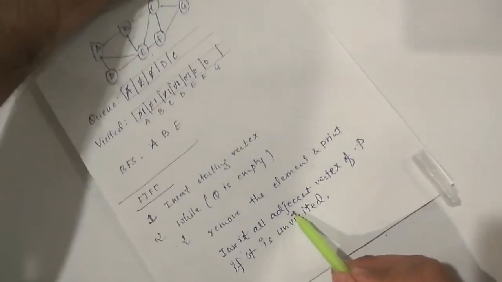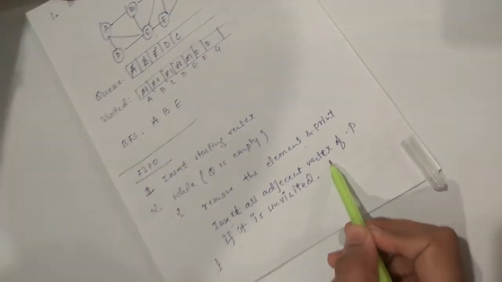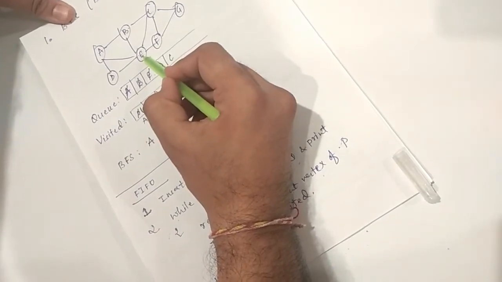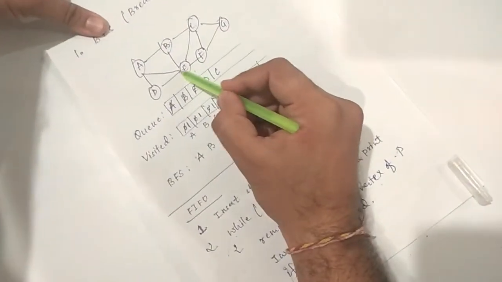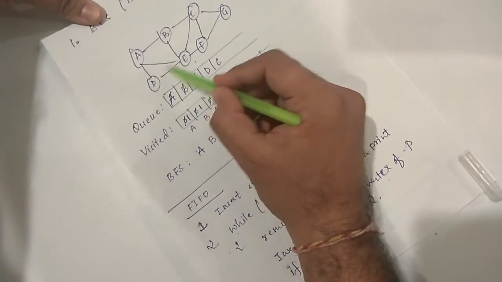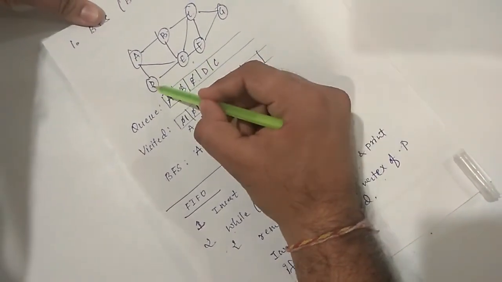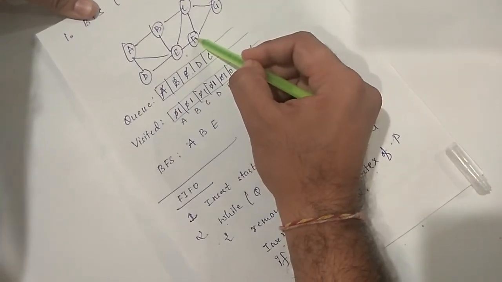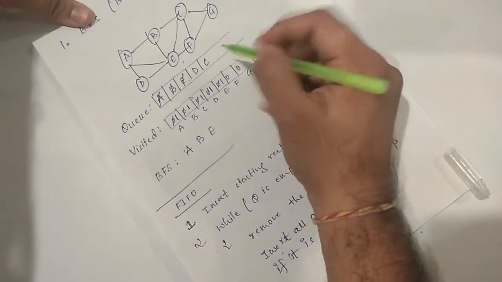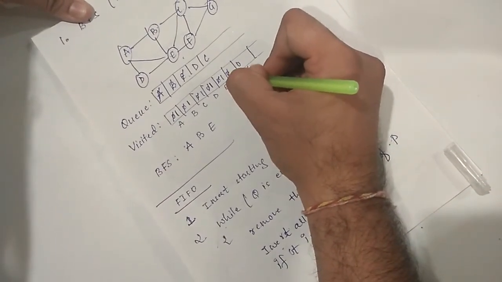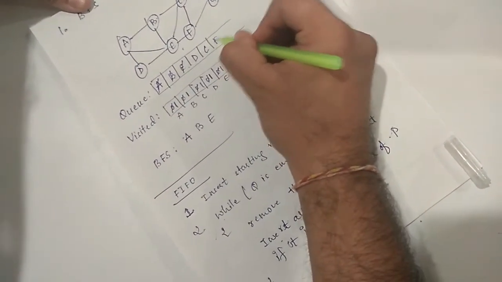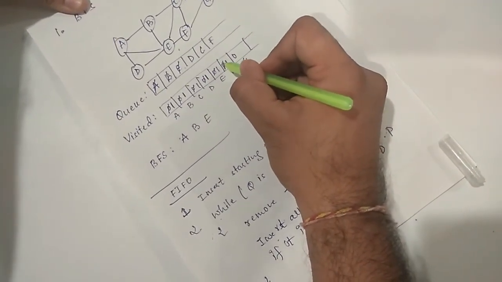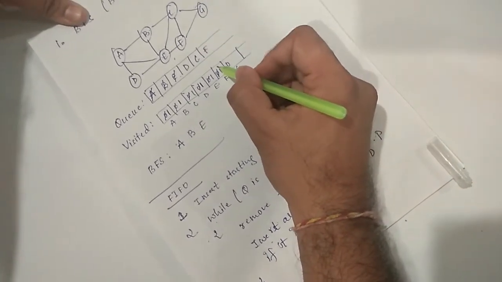Next, insert all the adjacent vertices of E if they are unvisited. So what are the adjacent vertices of E? D, B, A, C and F. These are the adjacent vertices of E. Out of this, F is not visited, so you need to add it inside the Q, and from 0 you need to make it 1.